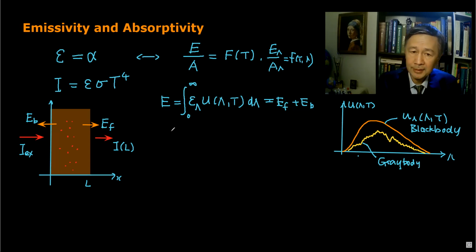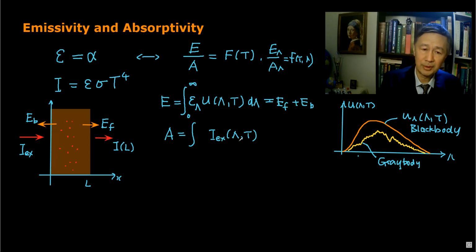On the other hand, by definition, absorption is measured as supported, because absorption is driven by the external radiation. So therefore, in general, we have to put this I external. Whenever I write this bracket, I mean I'm talking about the spectra. So if you use a spectrometer here, you can actually see a similar distribution.